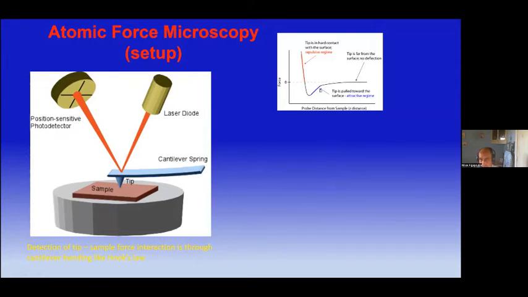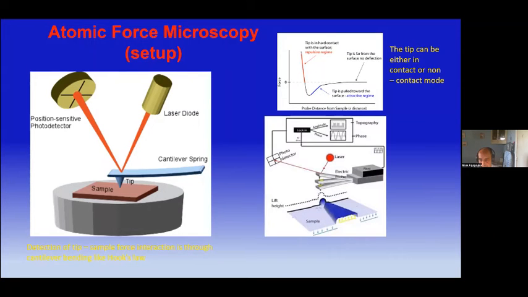Between the two, there is the tapping mode, where the tip just touches the sample very lightly. In the inset at the bottom, you can see as the tip is moving across the sample's surface, the piezoelectrics try to adjust the distance between the tip and the sample in order to keep the force constant.